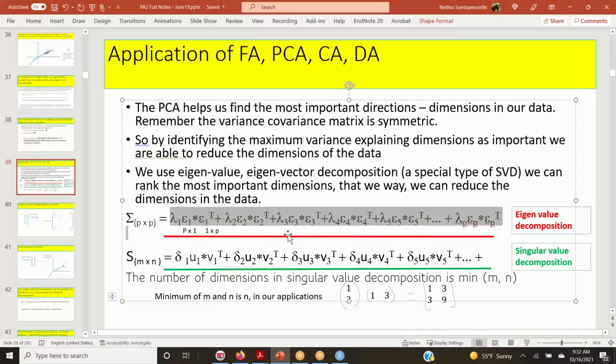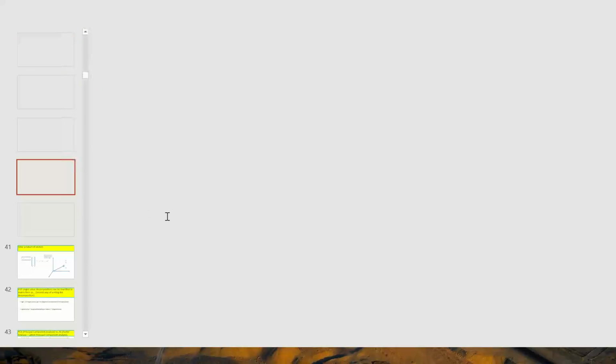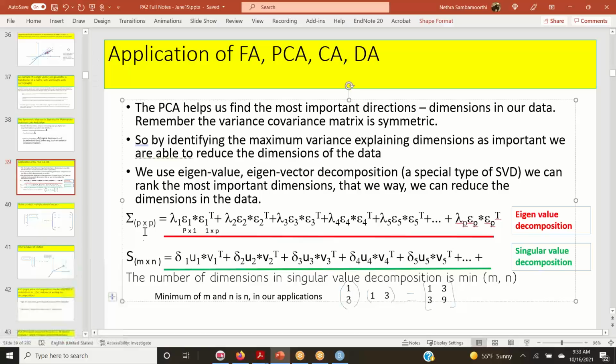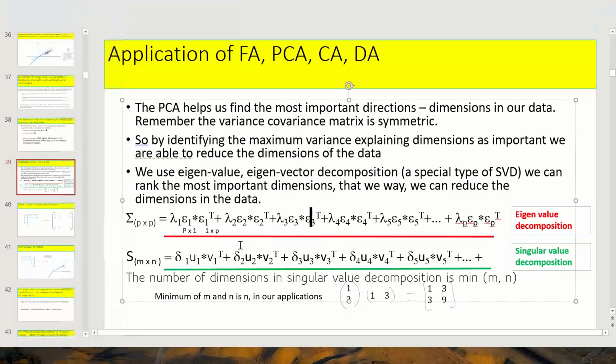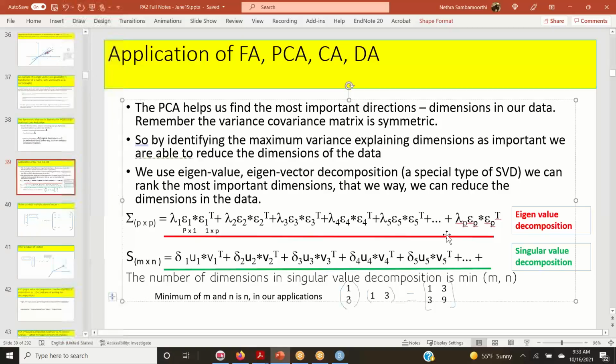The interesting thing I said last class is that the variance covariance matrix is written like this, which means I can subtract some of these items out. If I want to eliminate some of the items, which are the least contributing to this expression?